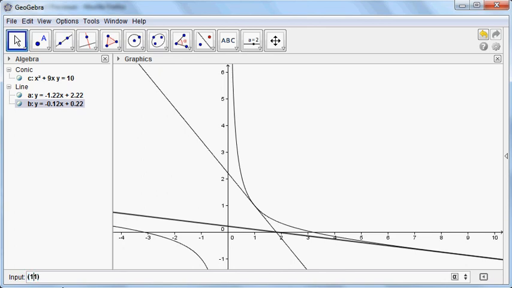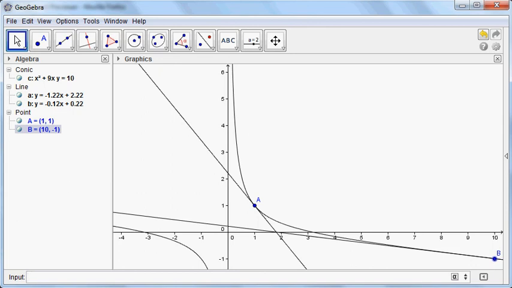So you have (1, 1). Then hit enter. That's the right point. And also (10, -1). Hit enter. It looks like we got the points correctly. So that's the graph.